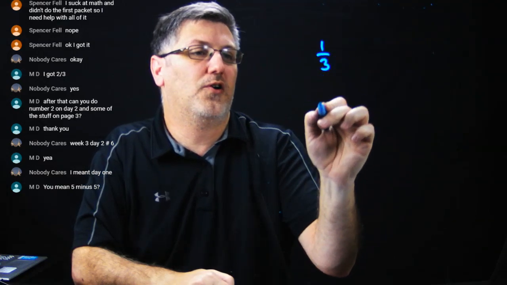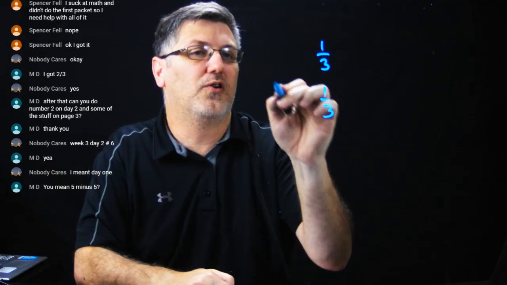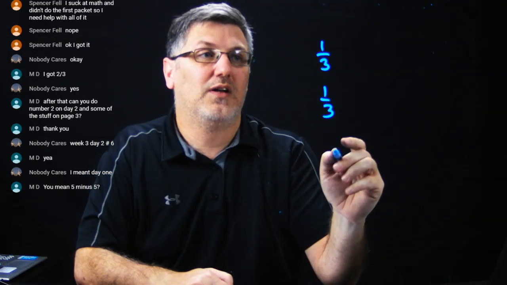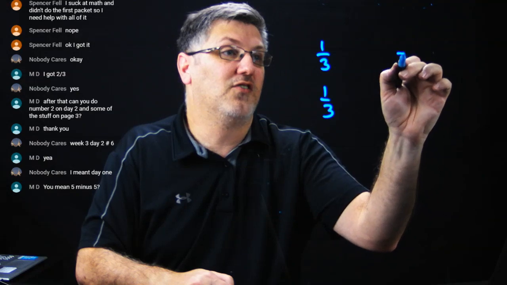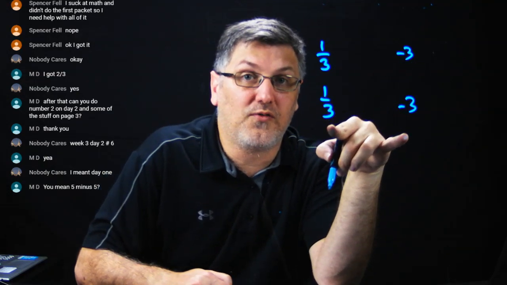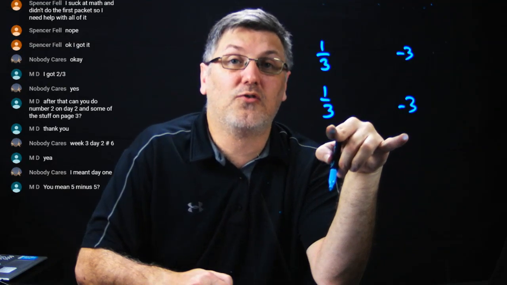So if I have a slope of 1/3 and a slope of 1/3, let's just say these are opposite sides, and the other opposite sides are -3 and -3, if these were the slopes of opposite sides of a parallelogram, I know it's a rectangle.